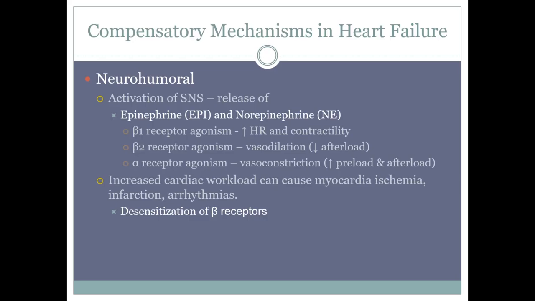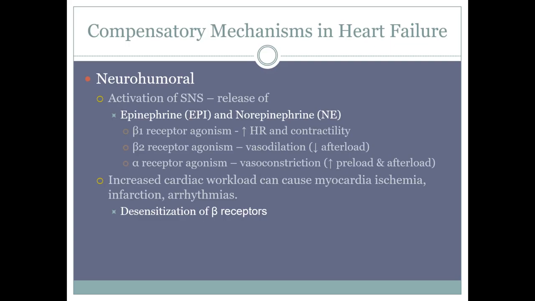Epinephrine also has beta-2 activity, which causes some vasodilation of the arterial system. So that's good in that sense, that it decreases afterload through the beta-2 receptor. It also has alpha receptor activity, which causes vasoconstriction. So the beta-2 and the alpha are basically working against each other from the sympathetic nervous system.